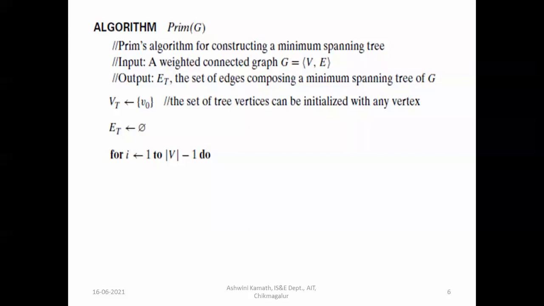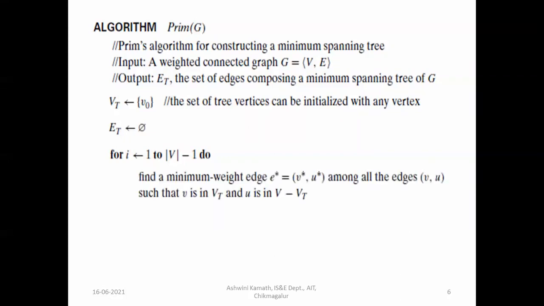So for I is equal to 1 to n minus 1, or number of vertices minus 1, do: find a minimum weight edge or minimum cost edge E star, which is equal to V star, comma U star, that is V to U, among all the edges V comma U. Among all the edges, we have to select the one having minimum weight or minimum cost, such that V is in VT and U is in V minus VT.